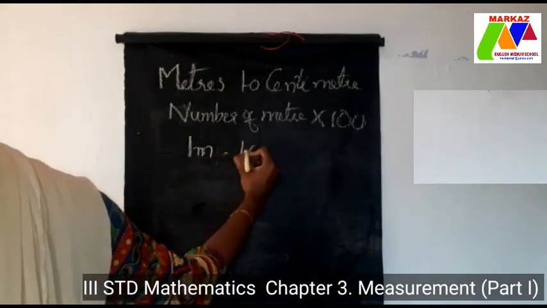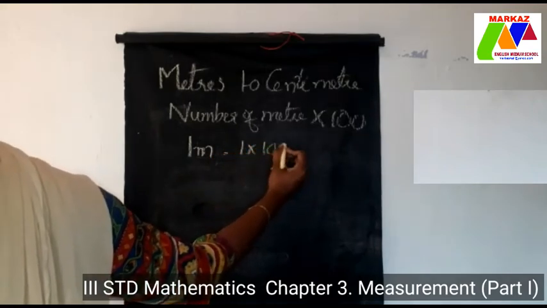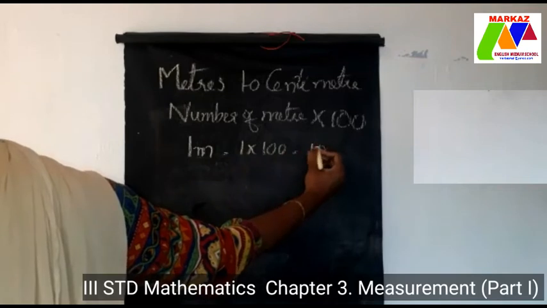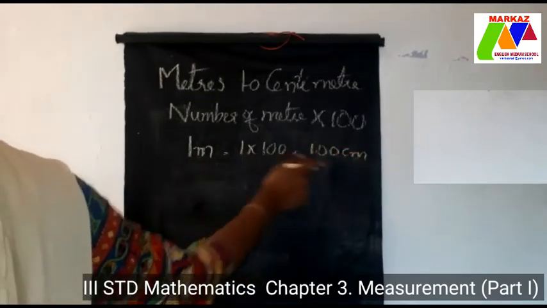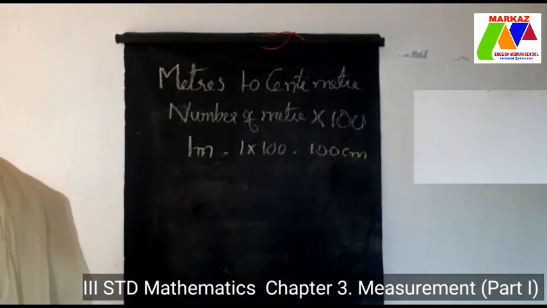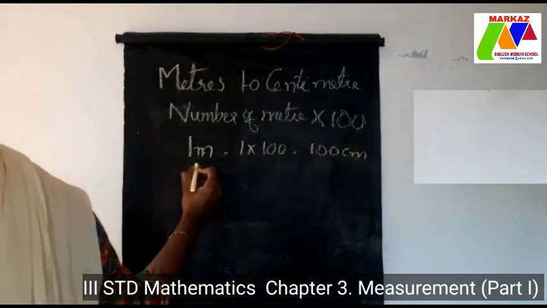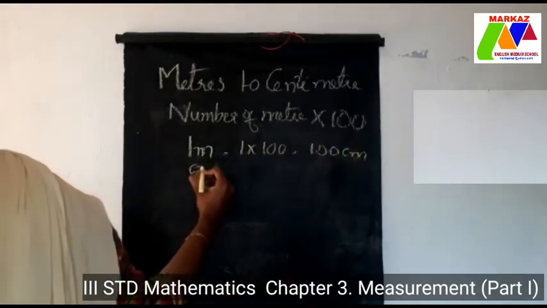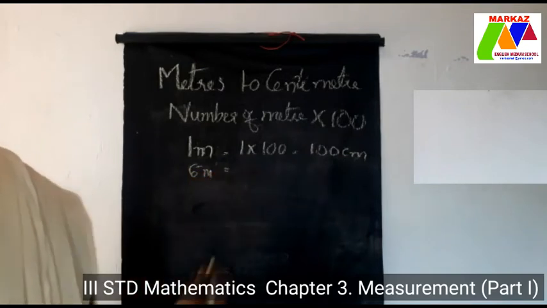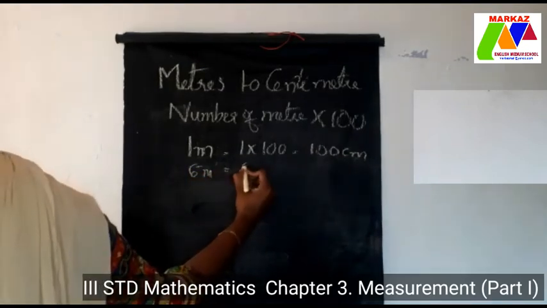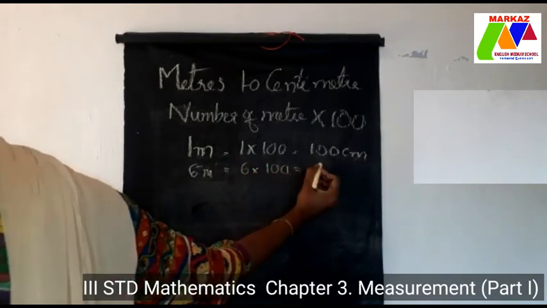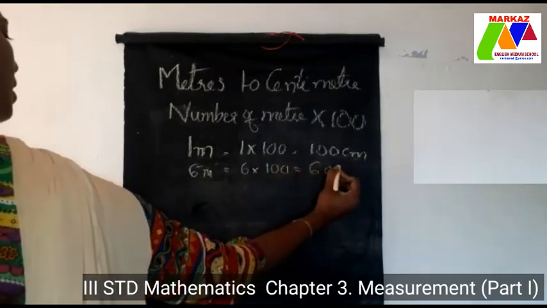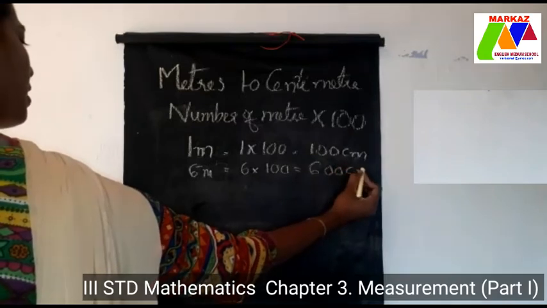So 1 into 100 is equal to 100. So 1 meter is equal to 100 centimeter. Next, 6 meter is equal to, 6 into 100. So 6 meter is equal to 600 centimeter.